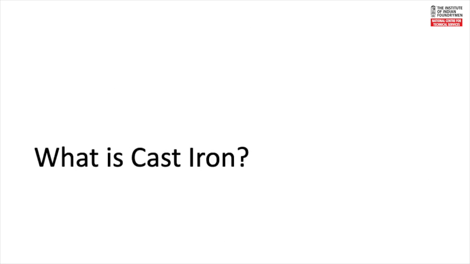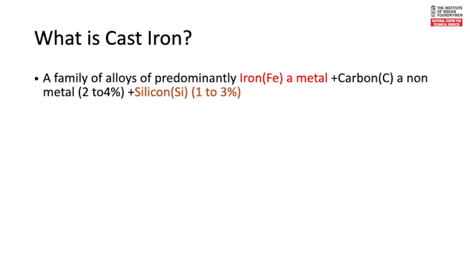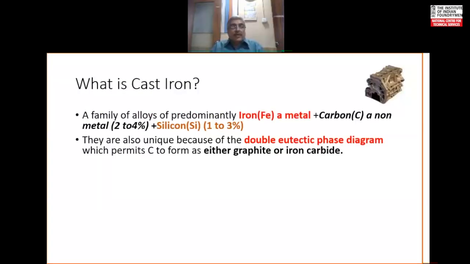Cast iron is a family of alloys, predominantly iron, which is a metal, carbon, which is a non-metal, which is 2 to 4%, and silicon, which is 1 to 3%, which is a transient metal. These alloys are also unique, this is very important, because of the double eutectic phase diagram, and we will shortly see what I mean by this.